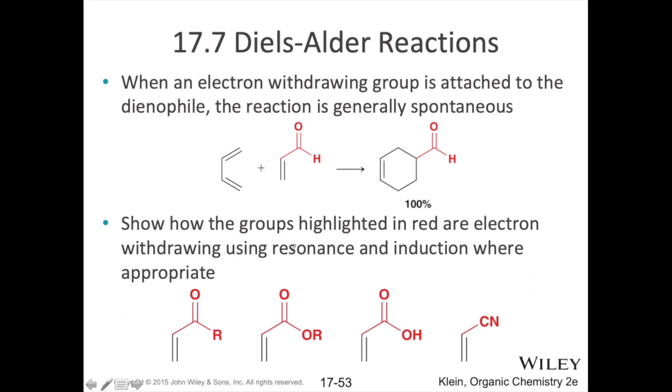Let me illustrate it here with one example. You can have electrons swing up here and electrons swing up here, and you put a negative formal charge here. You have an extra lone pair on that oxygen. But that's again what makes this rather electron poor, and that's what makes this group electron withdrawing.